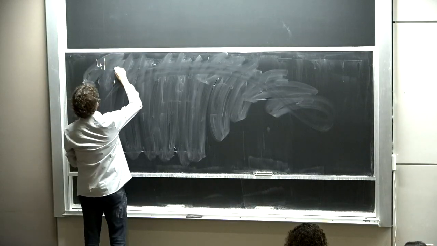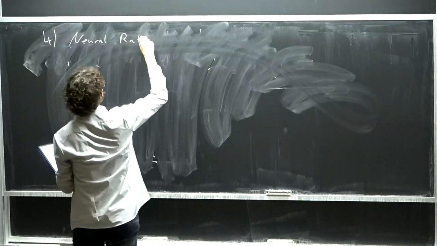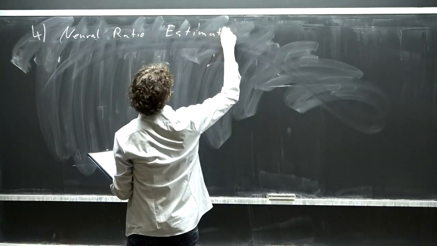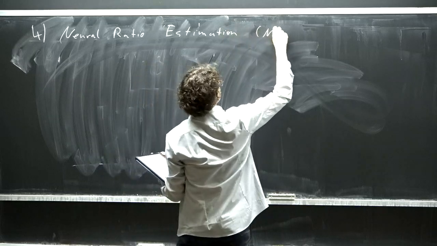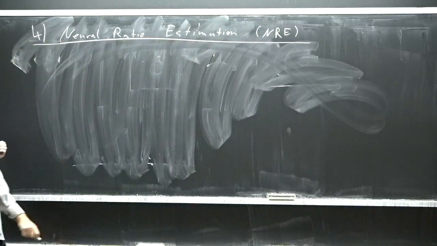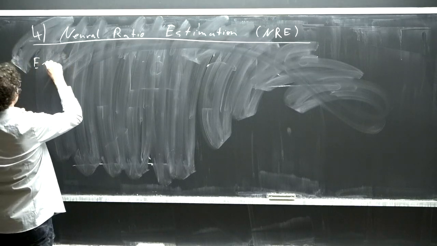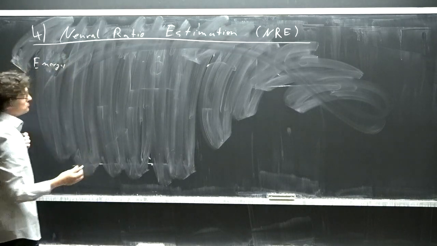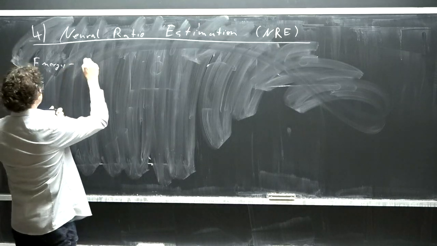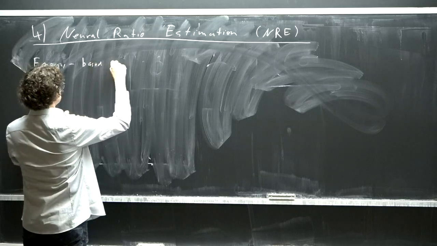And it's called neural ratio estimation. And here the idea is, neural ratio estimation provides a way to perform inference tasks using energy-based models.